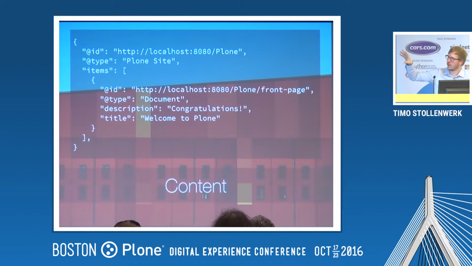Say you do a GET request on a Plone site, right? You see localhost 8080 Plone, and you get a list of all items that are inside that Plone portal. Right now there's only one, but you get an ID back, which is basically the URL of that page. So you have the front page, you have a document type and a description and a title.